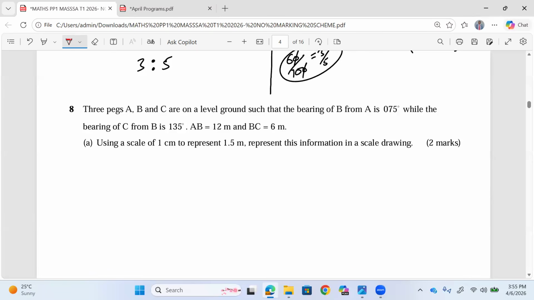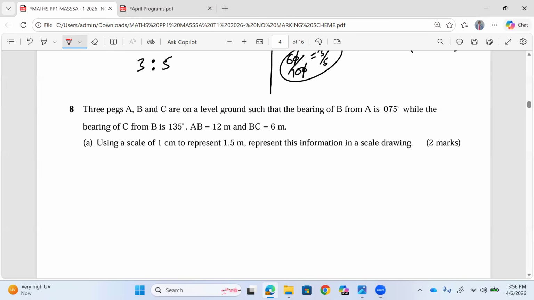The length A to B equals 12 centimeters. B to C equals 6 meters. Sorry, these are meters.